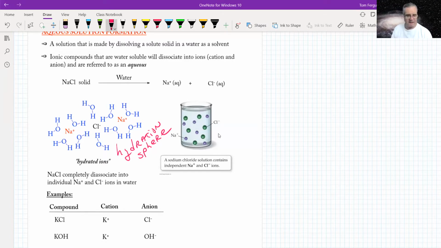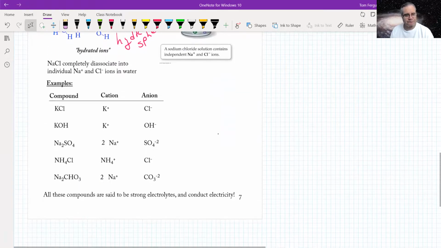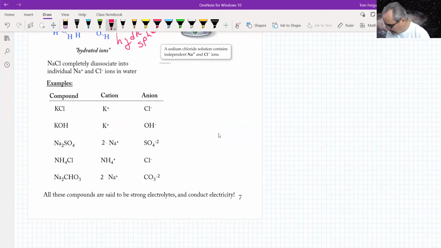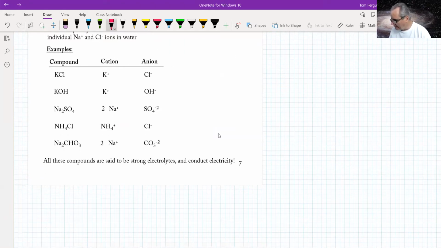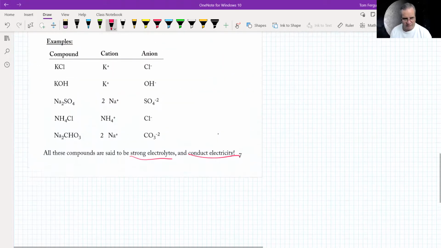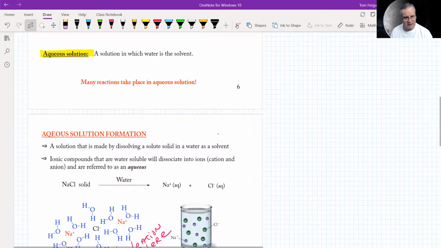And they have primary, secondary, tertiary hydration spheres. When an ionic solute completely dissolves in water, it exists as a cation and an anion in solution. Because they're ionic, they're strong electrolytes and conduct electricity. Okay, so that's a solution. Fairly straightforward. Most people have heard of it before. We've talked about it a little bit before.